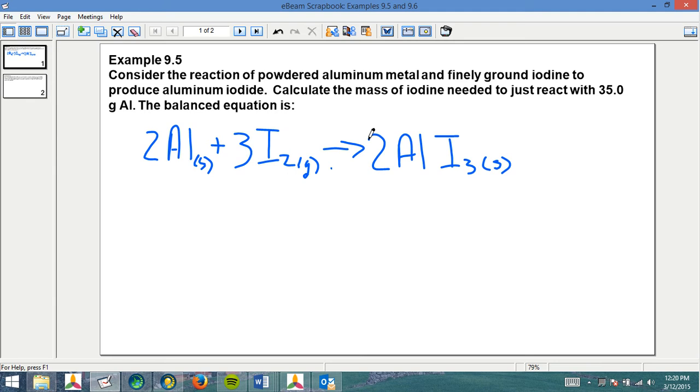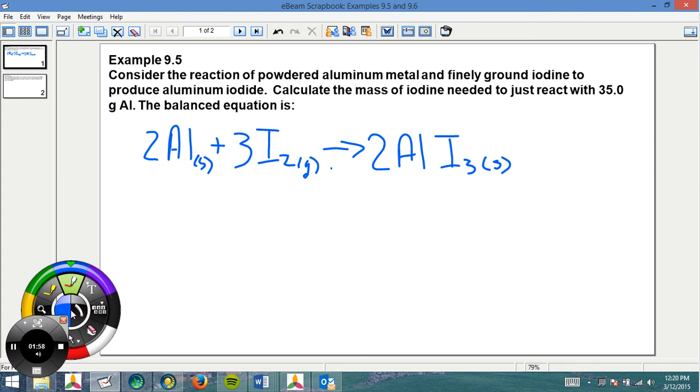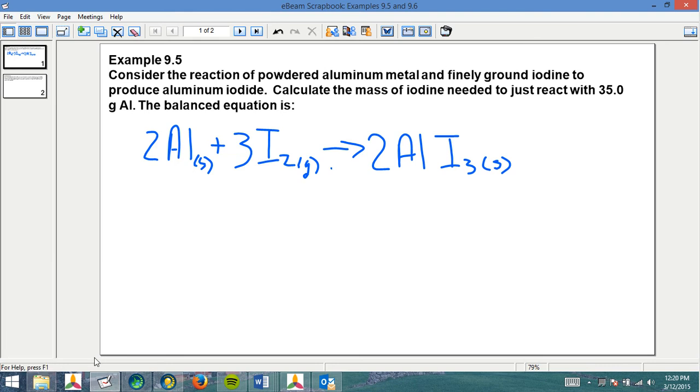And it says calculate the mass of iodine needed to react with just 35.0 grams of aluminum. Now I like to put the amounts under the thing just because it helps me to visually keep track of what's going on.